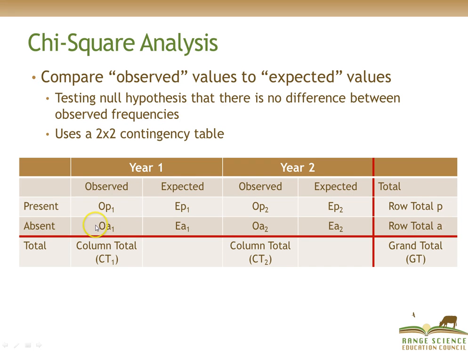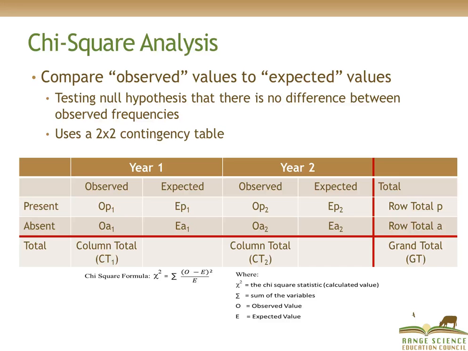Here we see an example of a typical 2x2 contingency table for presence and absence, and we have our observed proportion here for both presence and absence, and also the expected proportion for presence and absence. Now, I'm not going to go into the details of the calculations in this presentation because it is covered very thoroughly in the learning guide.